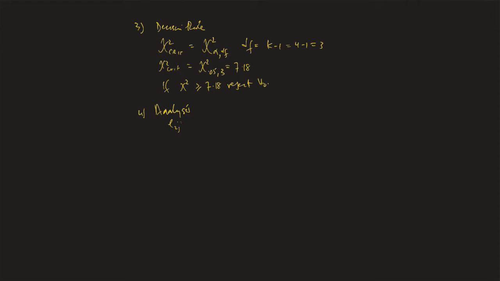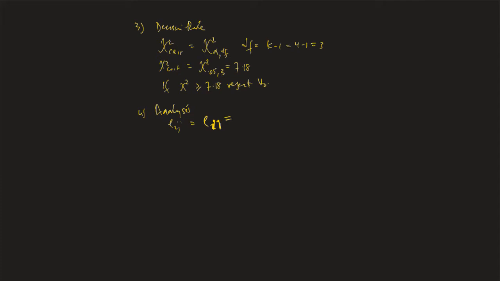So let's do E11. E11 would be row 1 total, and row 1 total is actually 1678. Column 1 total is 800, sorry, 800.